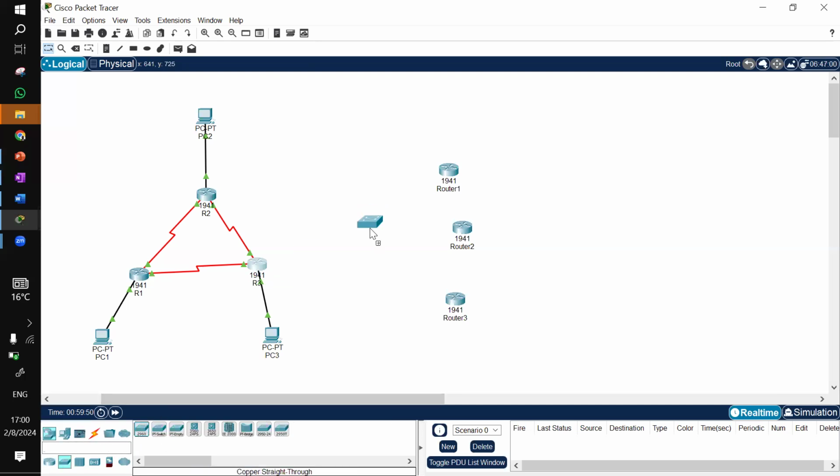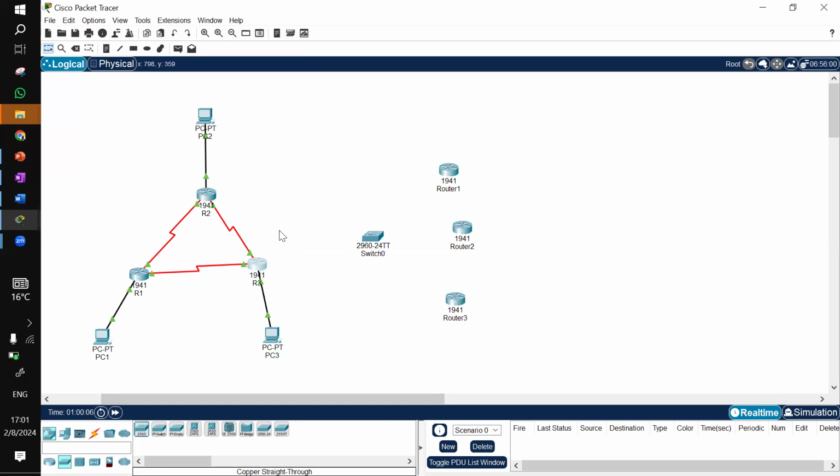Very important to understand the difference between these two. With a point-to-point network, a router is directly connected to another router. That's a point-to-point network.